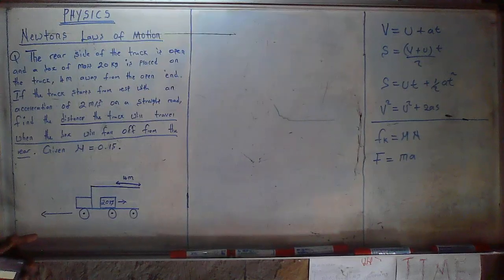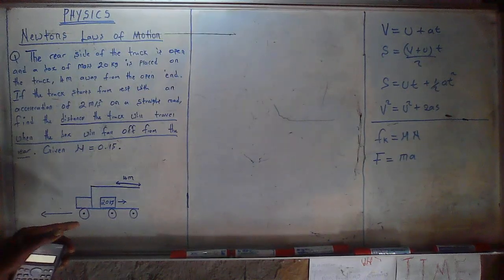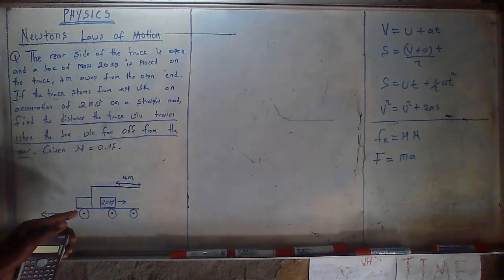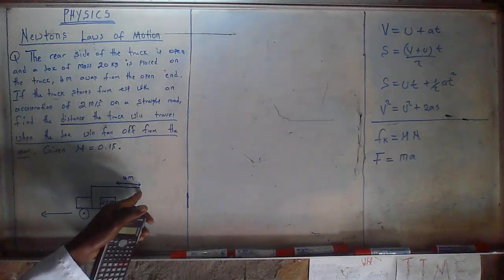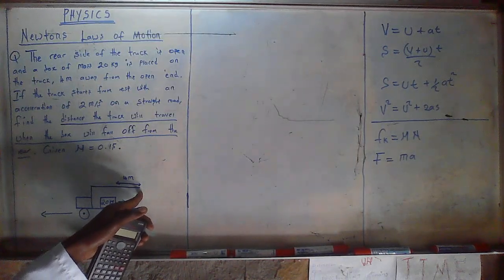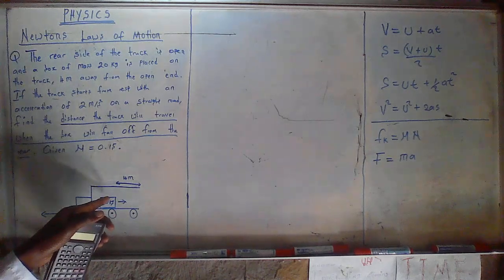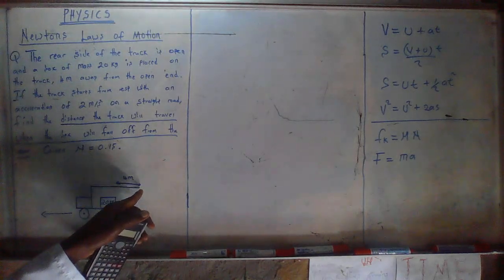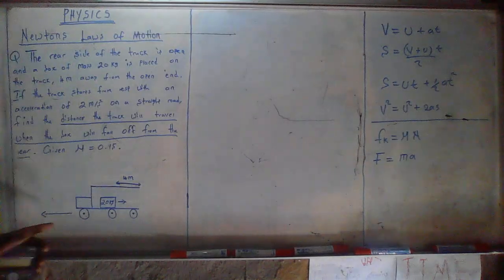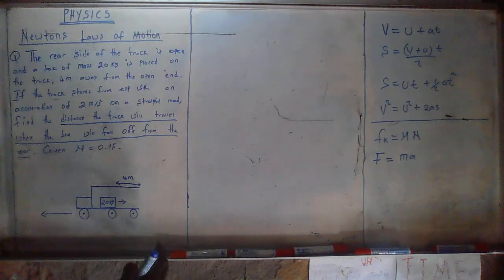So they want us to find the distance this track will travel when this box was traveling this distance. Meaning that the time it will take the box to travel this distance is the same time the track would have traveled a certain distance which they want us to find.